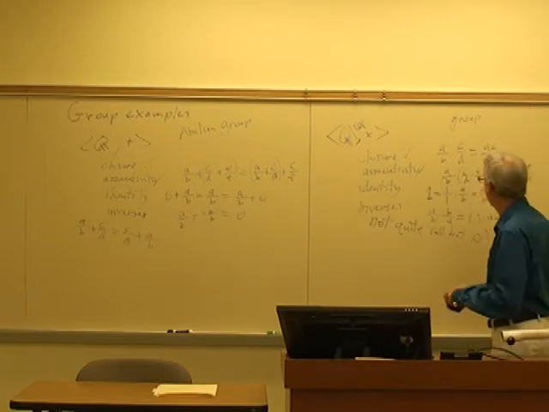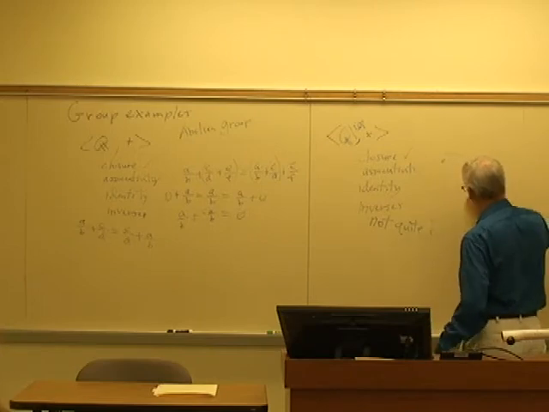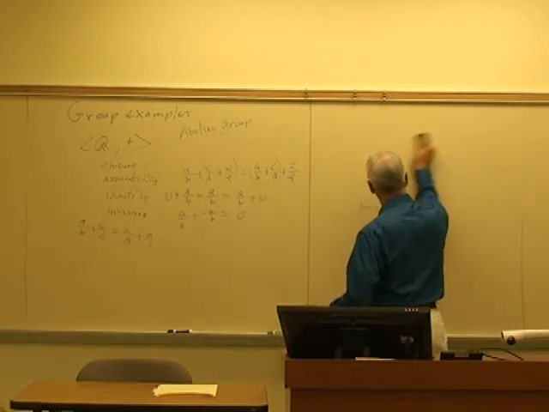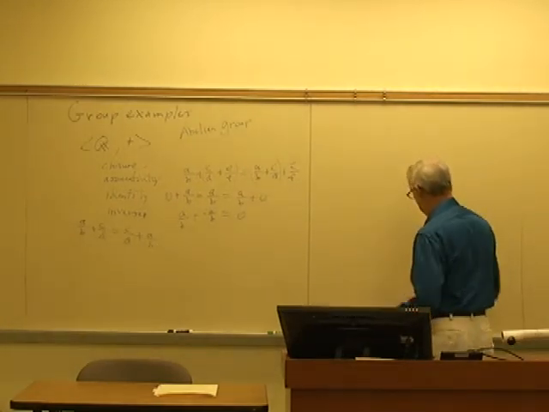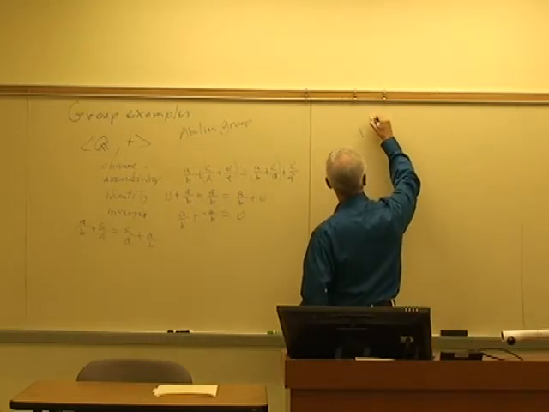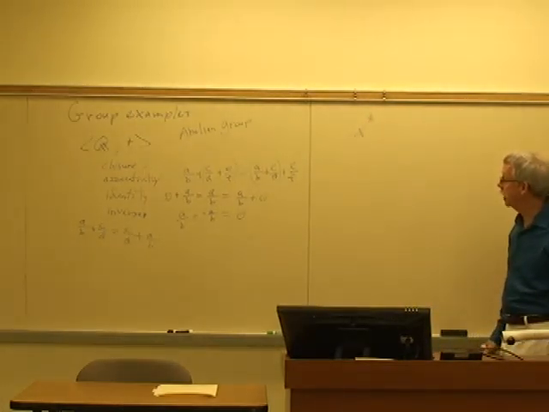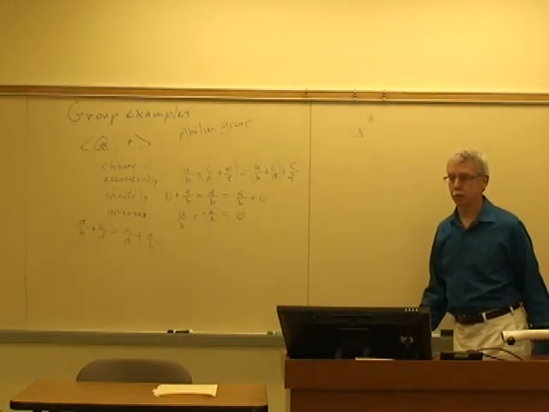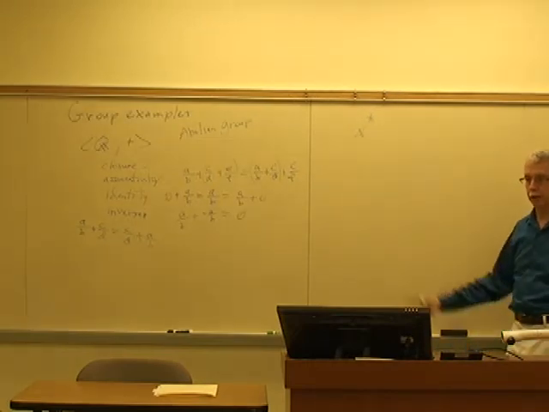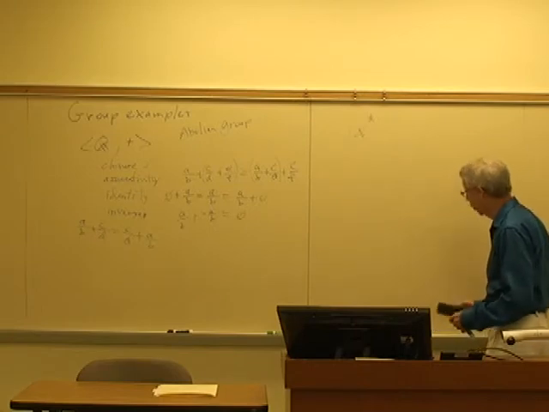The symbol for this, by the way, is actually Q star. We'll see that again later. It means everything that's invertible in Q. And we can play this trick a lot, and we will as we go forward.